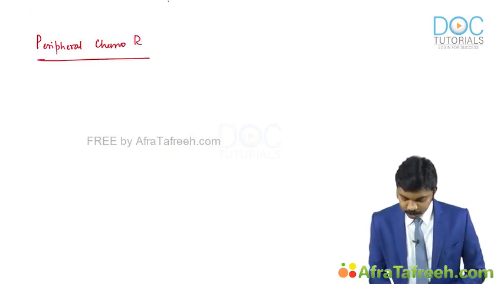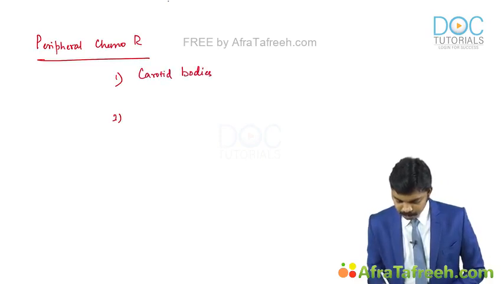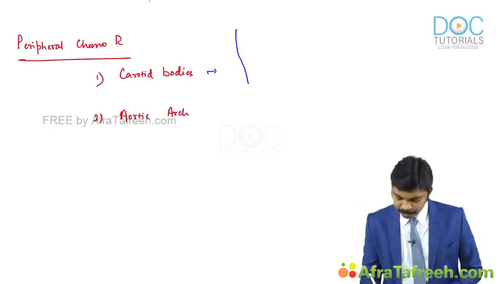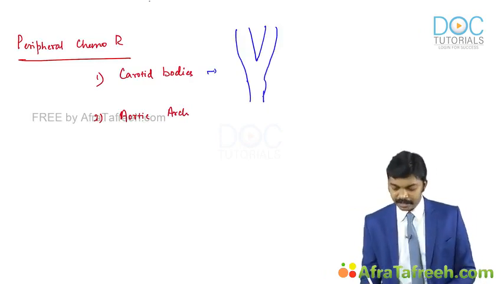Peripheral chemoreceptors are located in two regions. Number one, at carotid bodies. Number two, aortic arch. Carotid body peripheral chemoreceptors are located primarily in the junction between external and internal carotid arteries.